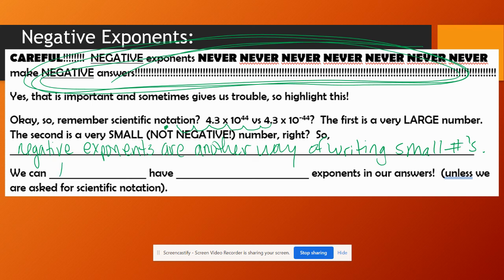We can never leave negative exponents in our answers unless we have scientific notation. That's the only time that we're ever going to be able to do that.